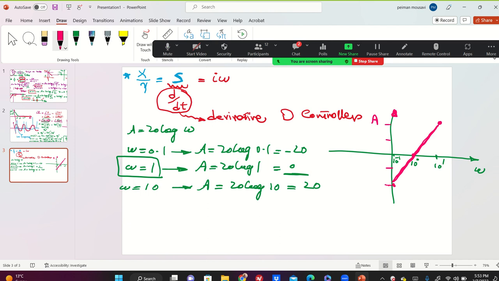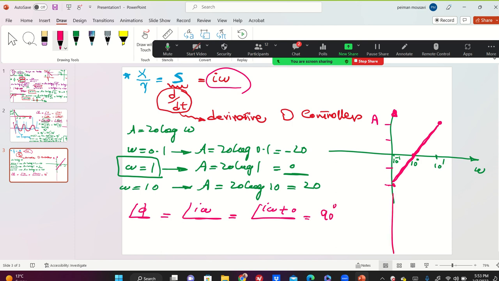This is interesting. So the phase of that, because this is only the numerator, is going to be the phase of I omega, or the phase of I omega plus 0. The real part is 0. As we did previously, it is 90 degrees, because it is tangent inverse of omega over 0, which is infinity, which is 90.